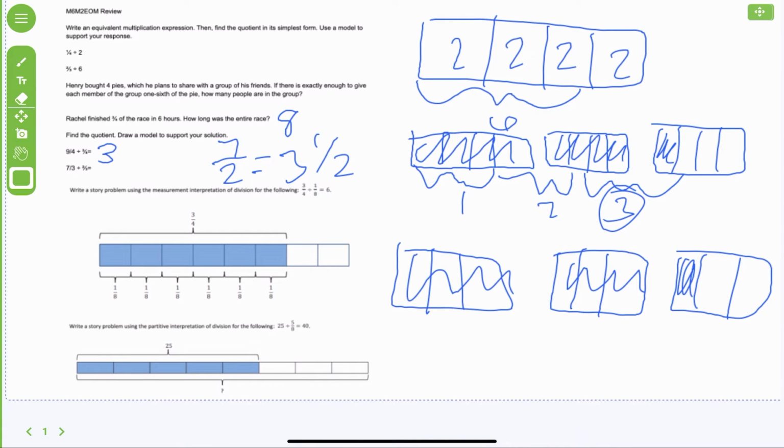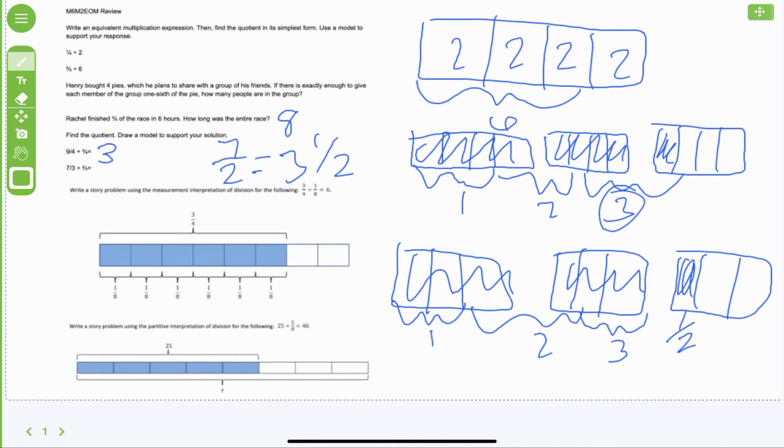And we're dividing that into 2/3. So we have 1, 2, 3. And then we only have one of the 2/3. One of the 2/3. So we only have a half. So we have 3 1/2. Okay?